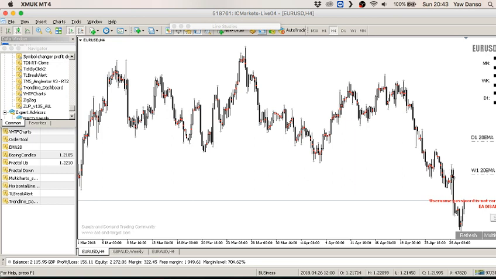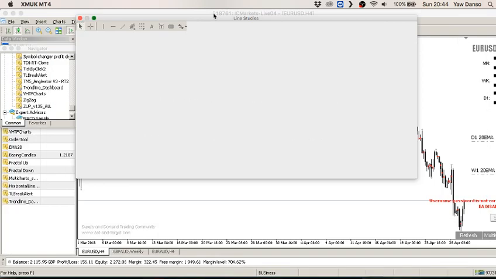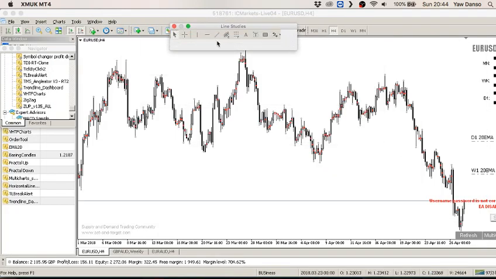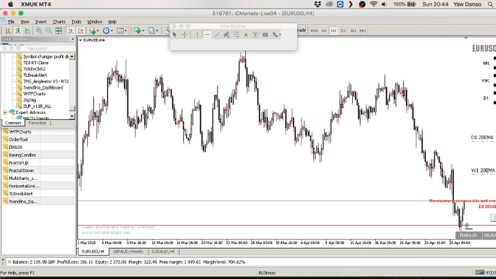Mr. Joe will see the market going down like this, and then he will decide, oh, I think I can sell this market and make money. And then he will sell right here where my line is.